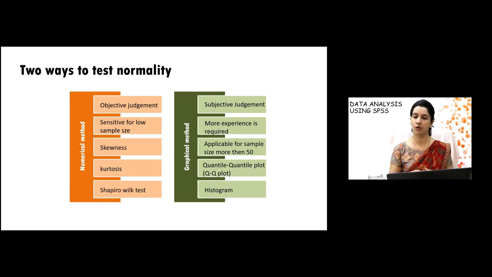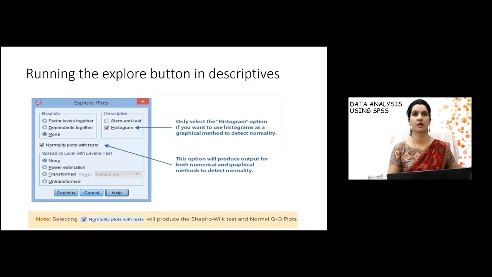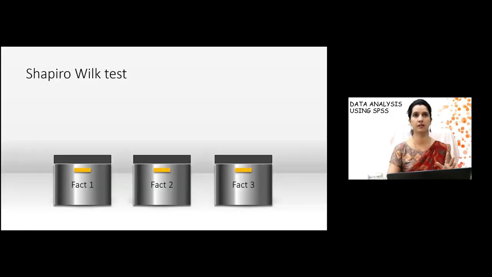And the graphical method is applicable for sample size more than 50, and it is done by the QQ plot, a quantile plot, or a histogram. So there are 2 ways for the subjective assessment of normality. Now, how to do this? There is an explore button, I'll come to this again.